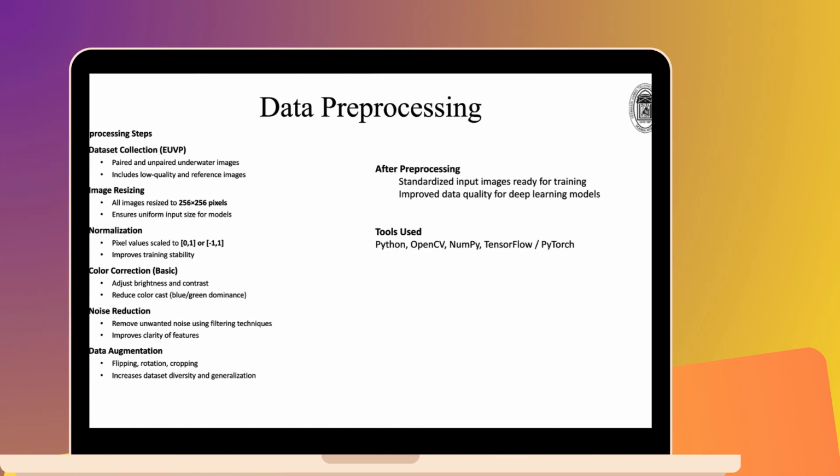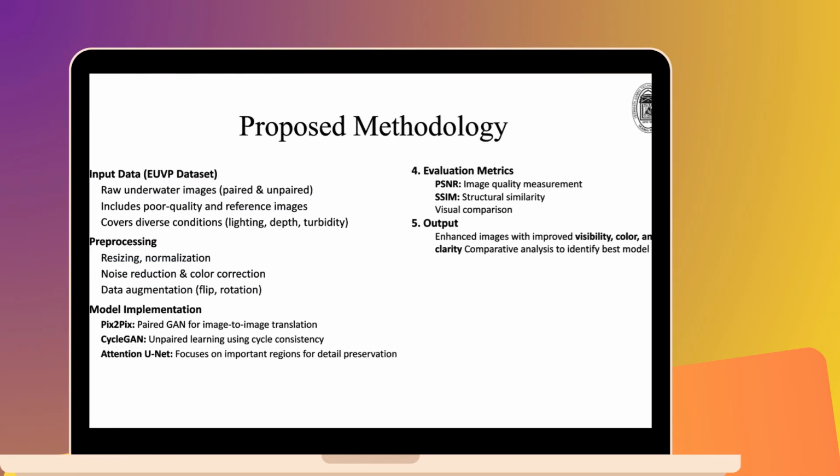Before training the model, preprocessing is performed. The preprocessing step includes image resizing, normalization of pixel values, basic color correction, noise reduction, and data augmentation like flipping and rotation. This step improves data quality and helps the model learn effectively. So let's go for the proposed methodology. Our methodology consists of five major stages.